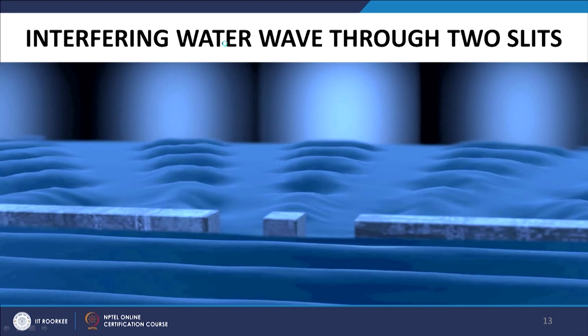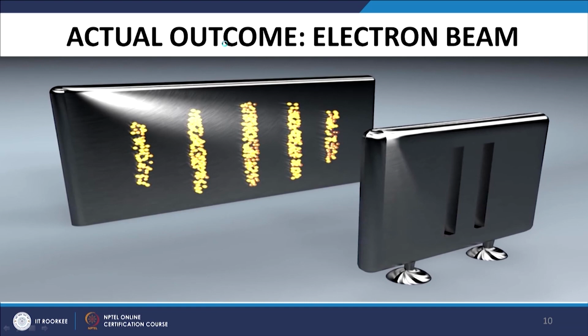And the image in the foreground, as you can see, consists of dark and light bands corresponding to constructive interference and dark bands corresponding to destructive interference. It is pretty much similar to what we had in the case of two slits when electrons were made to bombard the screen using the electron gun.